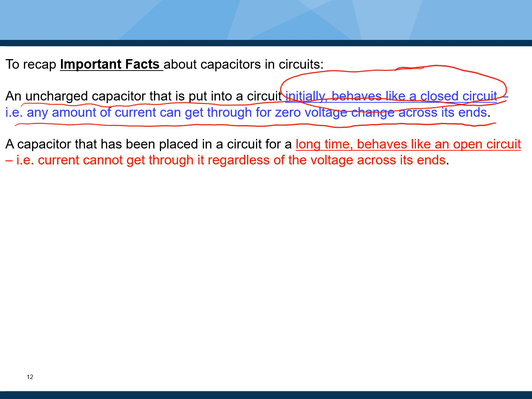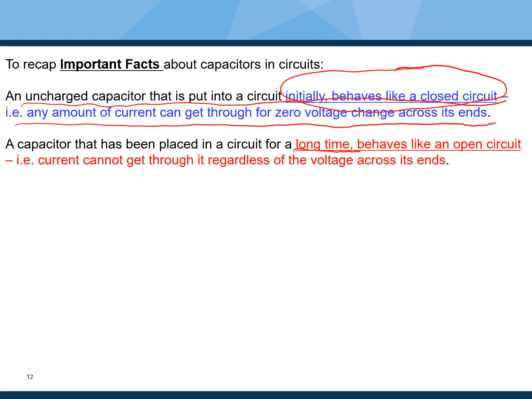Now, after that capacitor has been in a circuit for a long time, it basically behaves like exactly what it is. A capacitor is just two conducting plates that are separated by a certain gap, an air gap, and you know that air is a very good insulator. It won't let charge flow through.